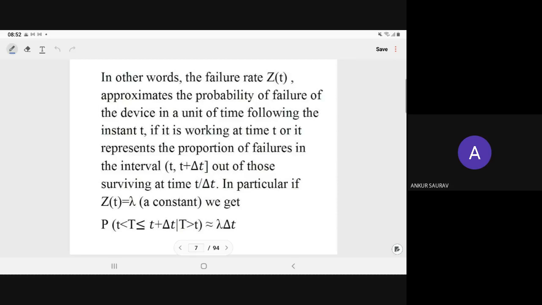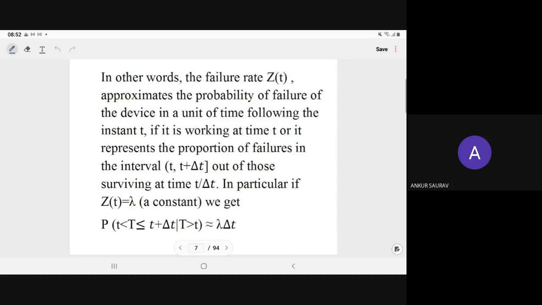Means if you have a number of devices, in the relative frequency approach, it is the number of devices failing in the interval t to t plus delta t out of the number of devices surviving up to the time small t, divided by delta t.